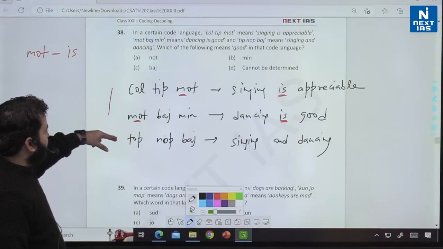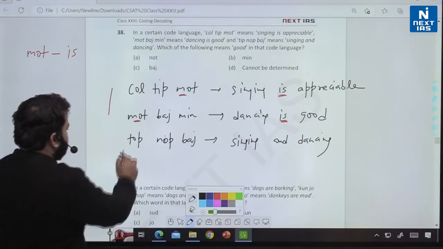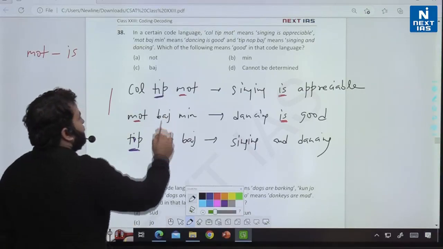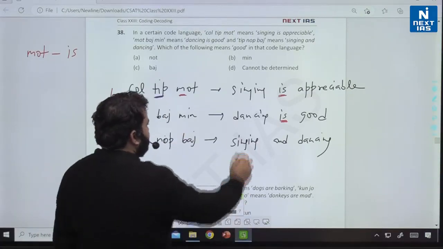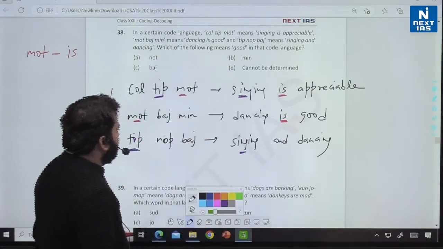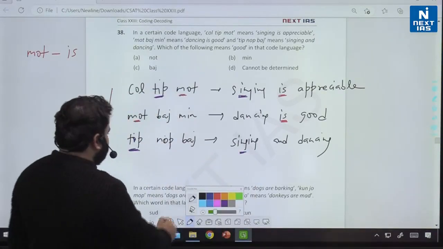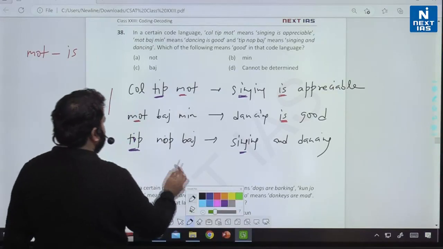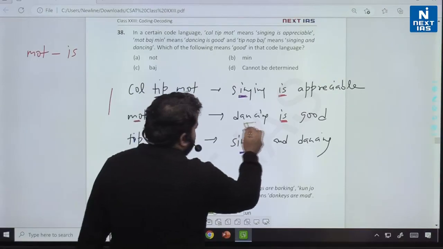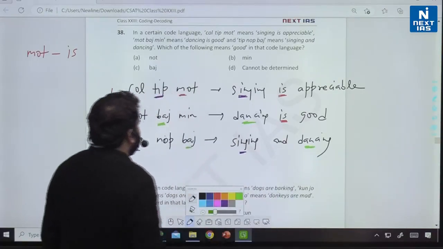First and third, what is common? Tip, tip common, and singing, singing common. Second and third, what is common? Baj, baj common here, dancing, dancing common.